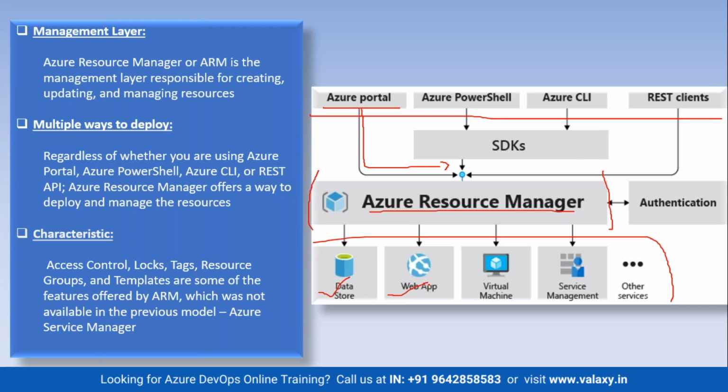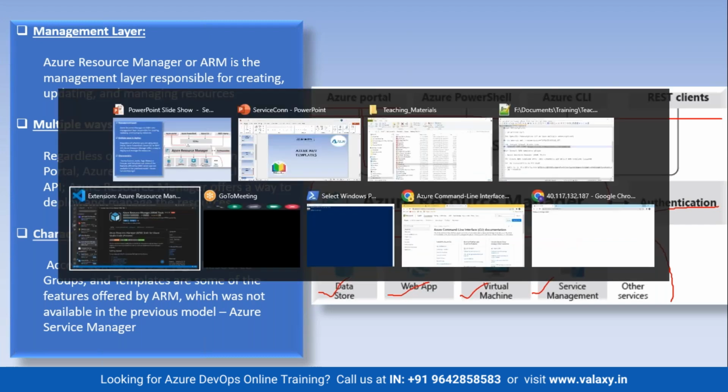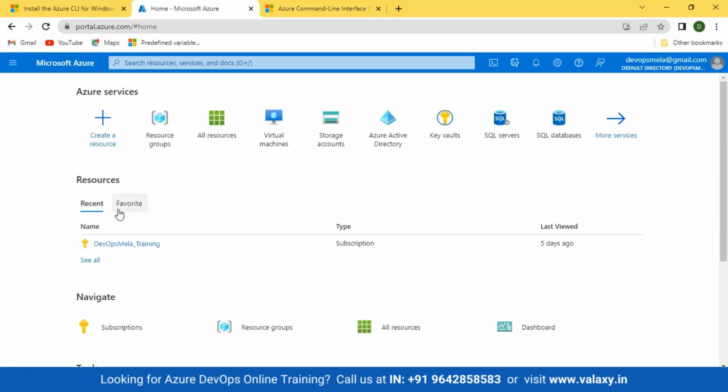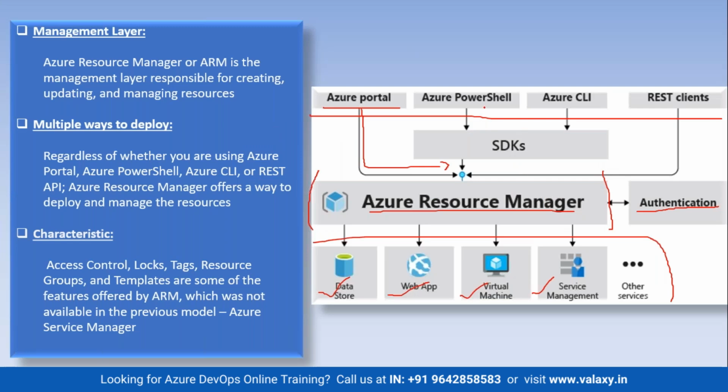You need to get yourself authenticated first. Once you're authenticated at the Resource Manager management layer, then based on your authorization, you'll be able to create your resources. That is what we were doing with the portal. Okay, so that is what happens in real time.